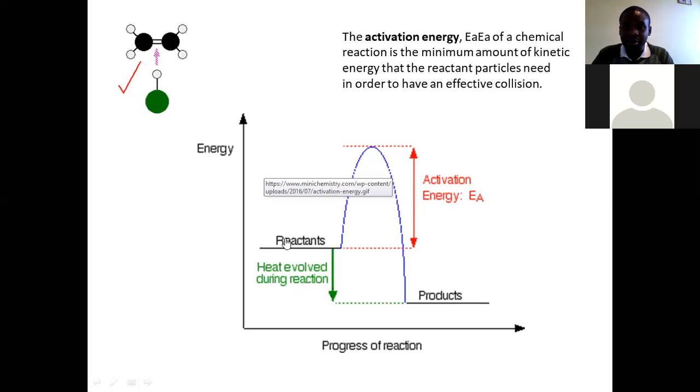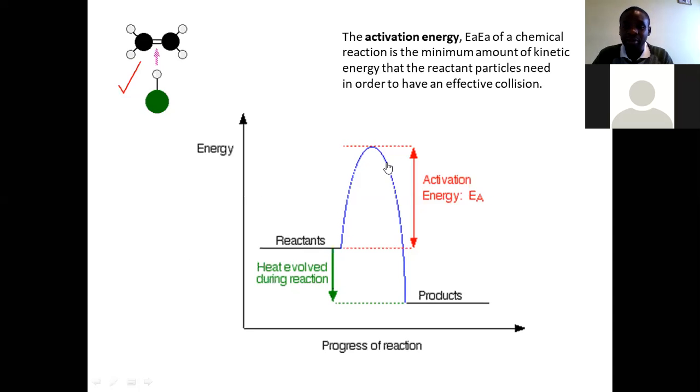Now, this diagram shows the energy level diagram between the reactants and the products. Here you can see this is an exothermic reaction because the products are on the lower side than the reactants. Before the reactants can form the products, there is some activation energy.